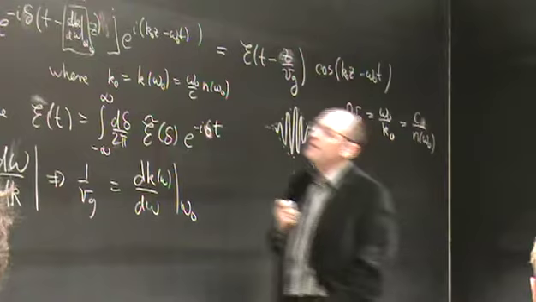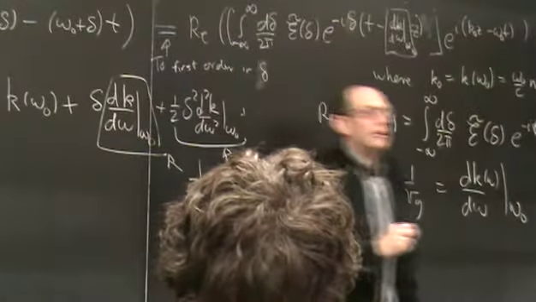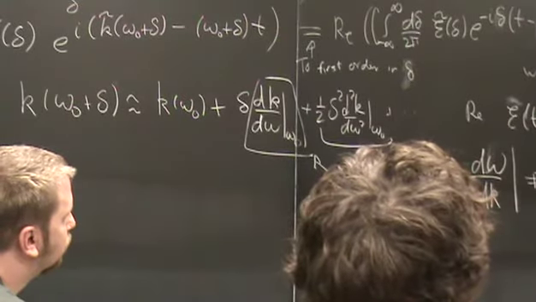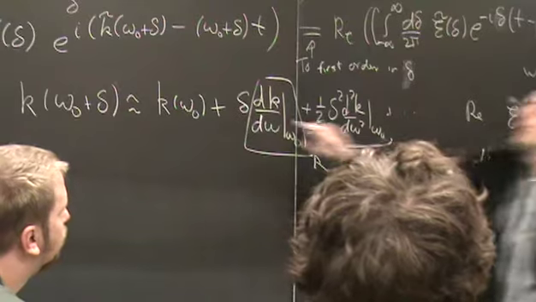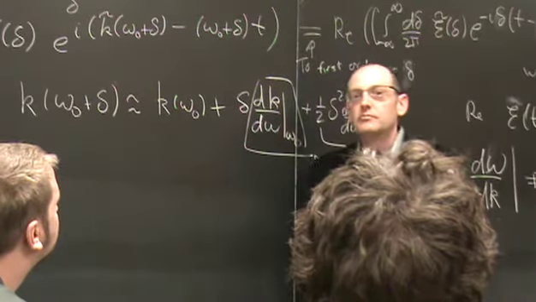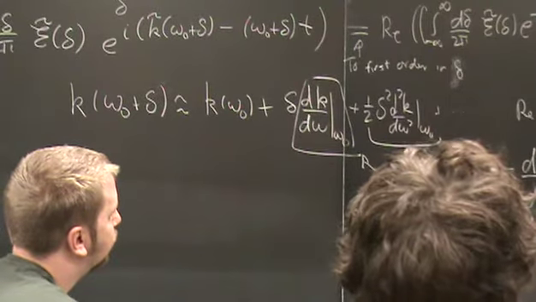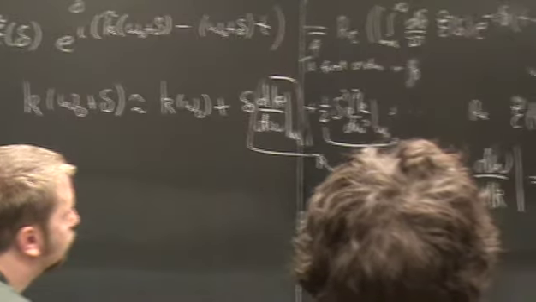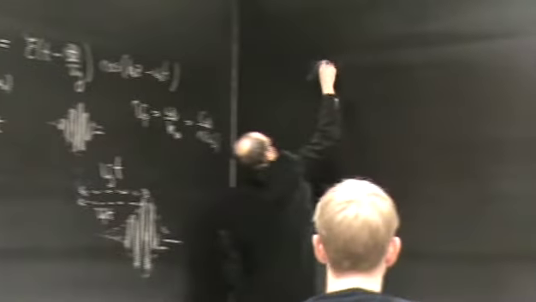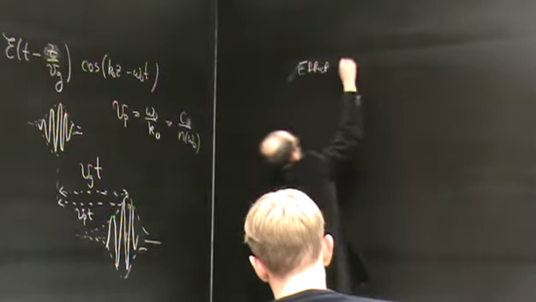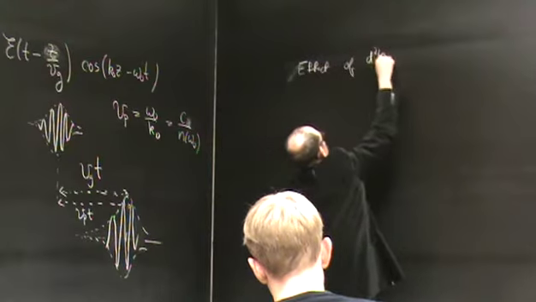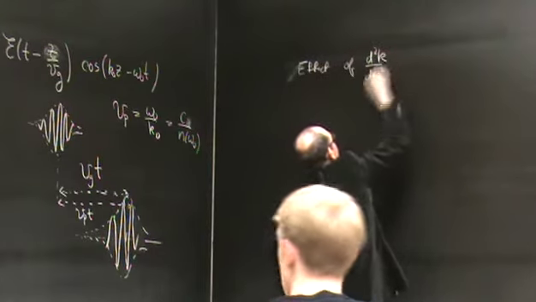Before I get into that, I want to say one other thing. What is the effect of this neglected next order correction in this expansion around delta equals 0? Would it cause a widening of the pulse? It does indeed. So let's look at this. The effect of the second derivative of k with respect to omega.